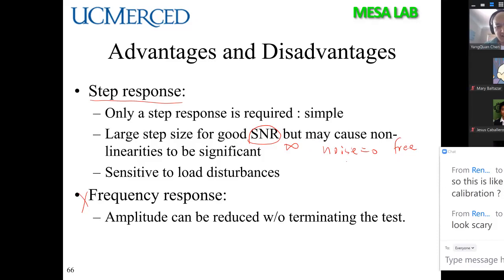But if your noise is like 10% of your signal, then signal divided by noise will be like 1 divided by 0.1. I do 20 log 10. This one will give you what? 20 dB. So when you say 20 dB as SNR, it's like saying that your noise is only 10% of your signal. Okay. So 20 dB SNR is considered as 10%.